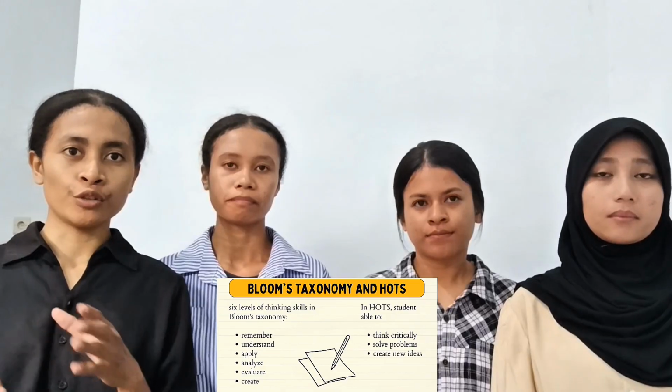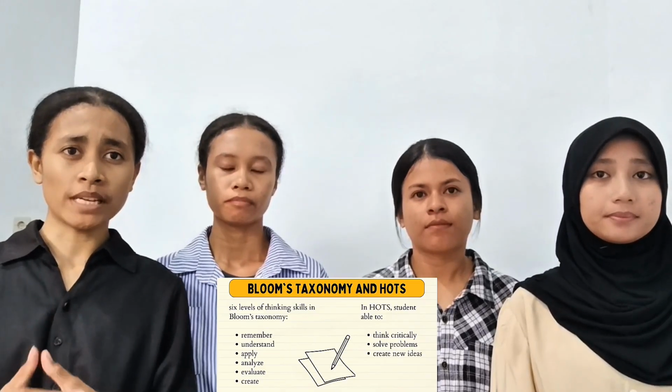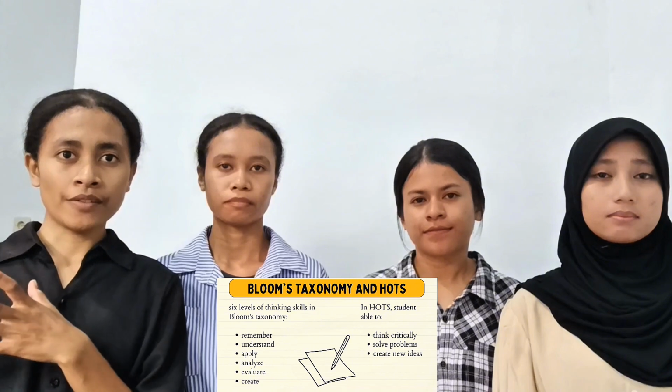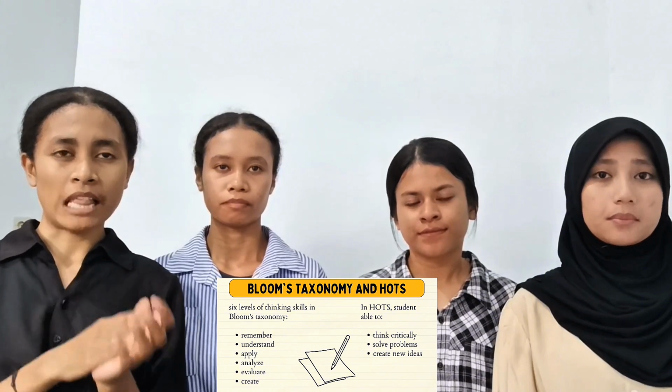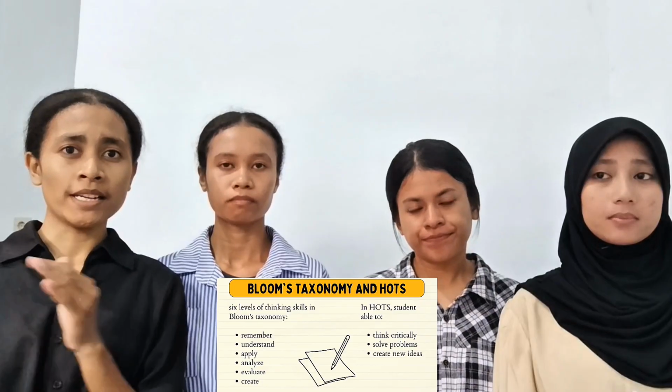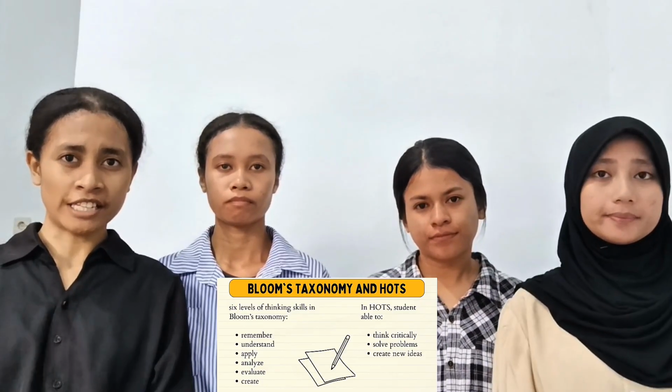Okay, now we will move to the last material, which is Bloom's taxonomy and HOTS. Bloom's taxonomy is a framework used to classify learning objectives based on students' levels of thinking, from the simple level to the most complex level. This concept was developed by Benjamin Bloom and later revised by Lorin Anderson.